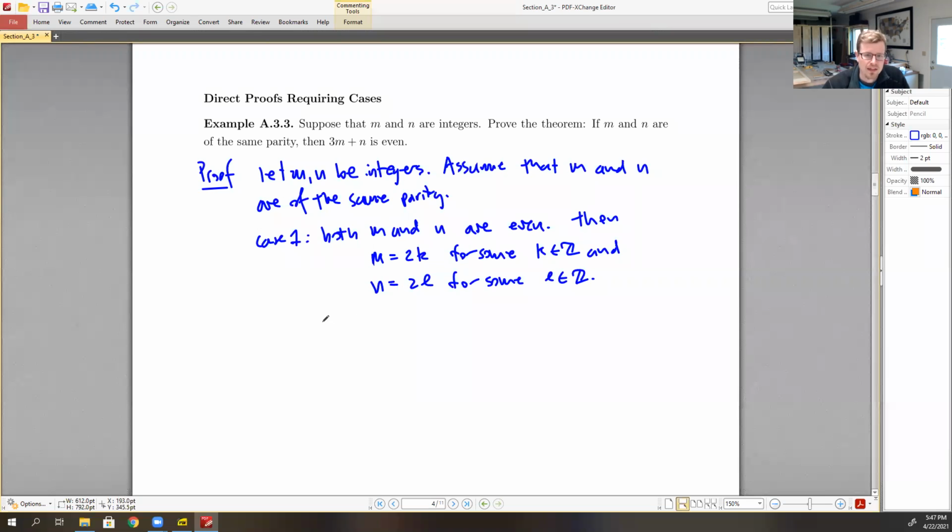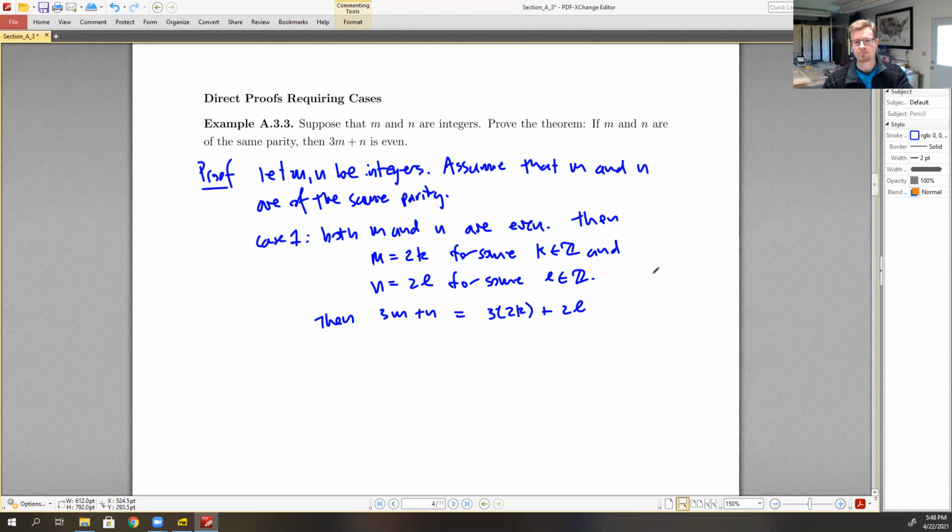Excellent. Then we have that 3m plus n can be written as 3 times m, which is 2k, plus n, which is 2l. So again, we have some assumptions about m and n.